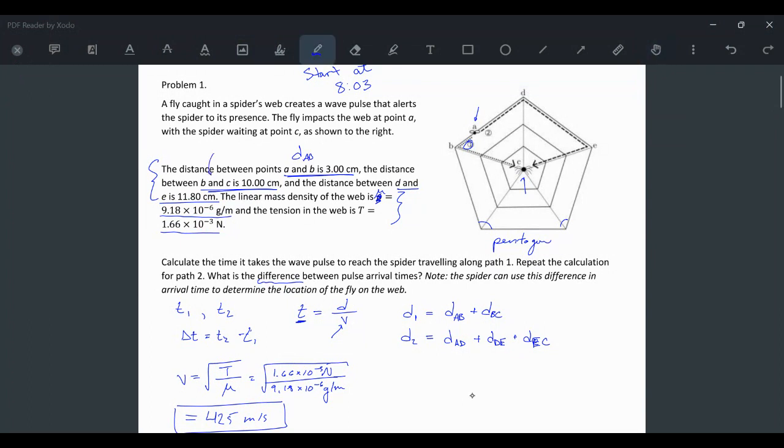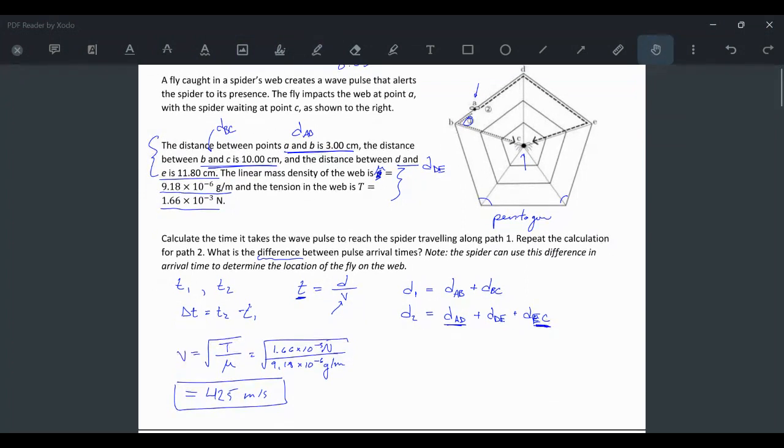We have d_BC, and we have D to E. We don't have A to D. We don't have E to C.